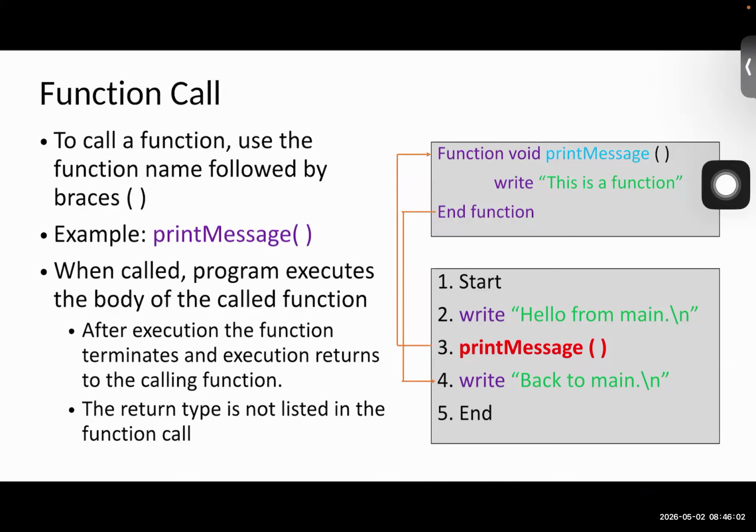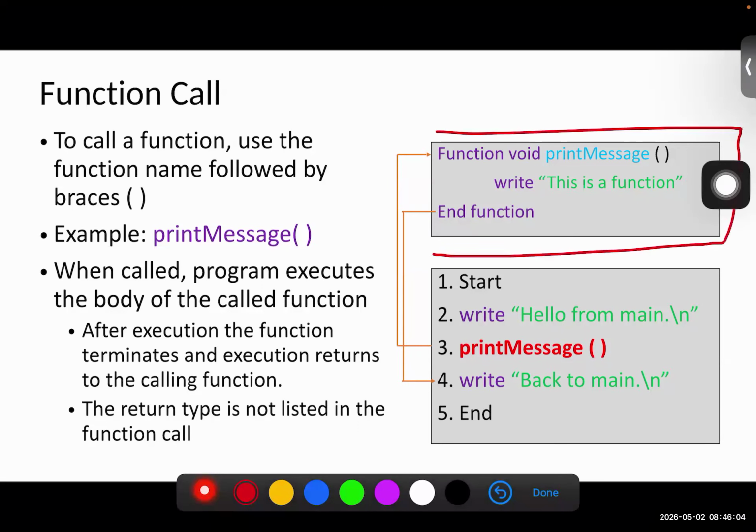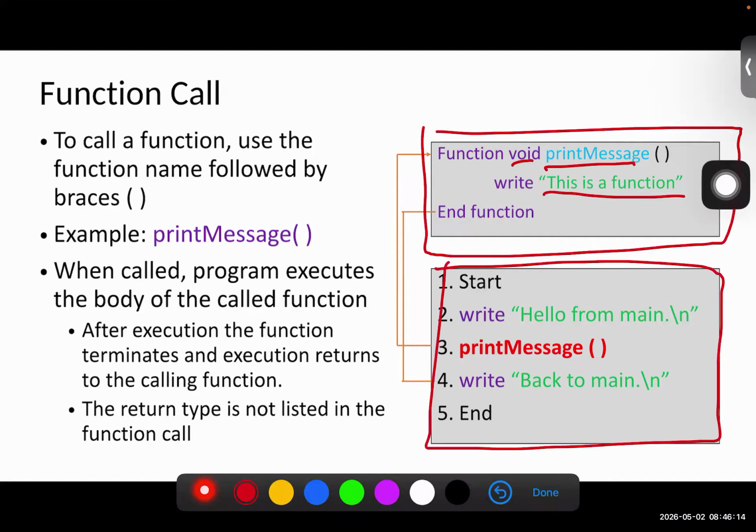Now, in this example, we have a function called print me. It's a void function. All it does is print. This is a function. Then we have a program down here. If we want to run our function, we need to do what we call a function call. This line down here is the function call.